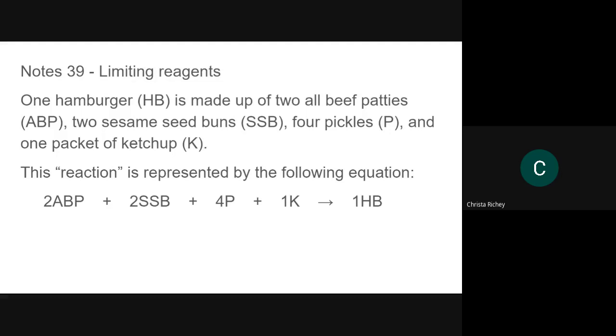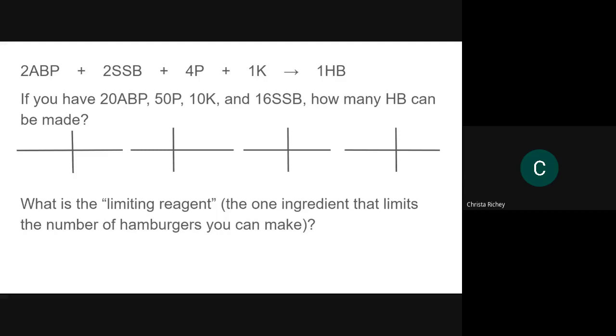So what I did was I pulled it over. We want to know of the 4 parts that make up a hamburger, what's the one that's going to be the most important? Which means if you run out of it, you can't make any more burgers. It's the same thing as the mass, but this is just like a 1-step mole, where I'm going to start with 20 of the patties, and then I'm going to bring the patties down, and I'm changing it to the burger.